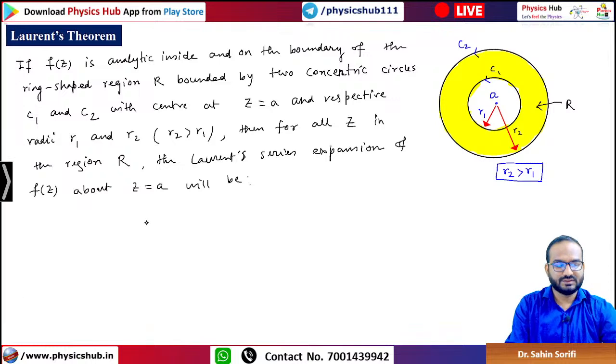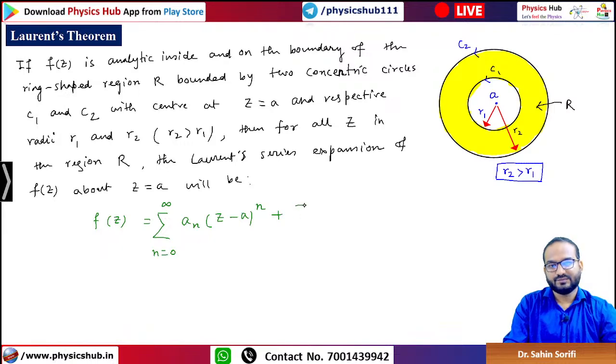A special expression is there. f of z is equal to, there are two summations in this expression. One is n equals 0 to infinity a_n (z minus a) to the power n, plus n equals 1 to infinity. You see, the first one starts from 0, the second one starts from 1, b_n divided by (z minus a) to the power n.